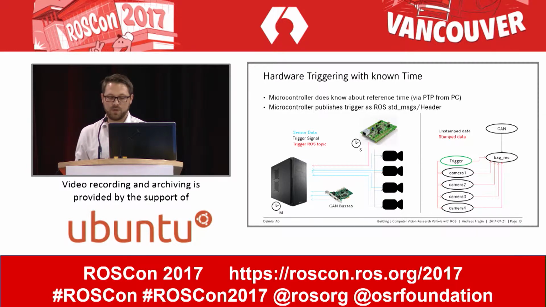The microcontroller is the trigger master and uses the time to send out ROS messages with a header that includes the timestamp of when the triggering occurred. This message is received by the camera nodes, or generally said by the sensor nodes, which then can use this timestamp for the data when they arrive. Well, we still have the unstamped CAN bus, but we can't do anything there.